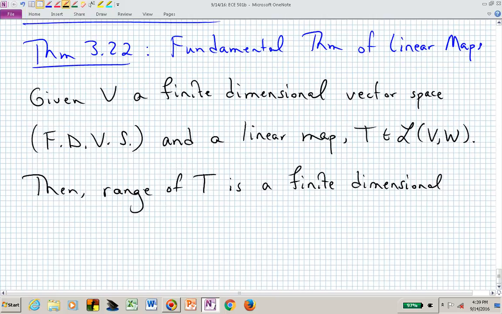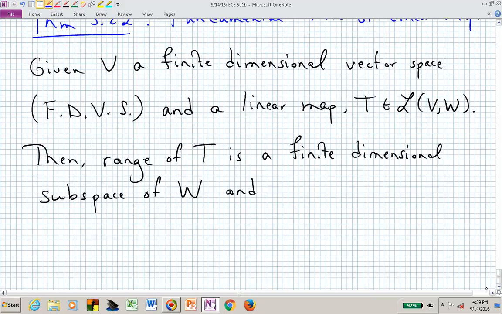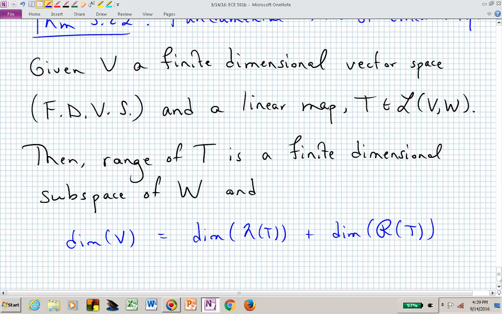Then the range of T is a finite dimensional subspace of our output vector space W, and we have the following relationship between those dimensions. We have the dimension of V equaling the dimension of the null space of T plus the dimension of the range of T.